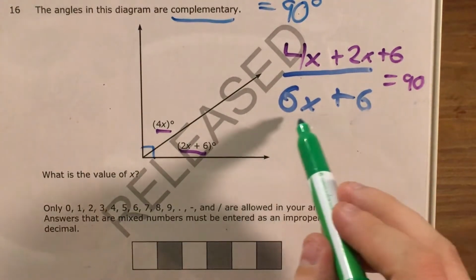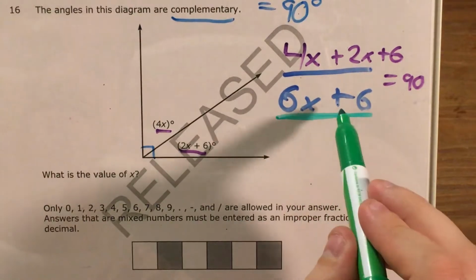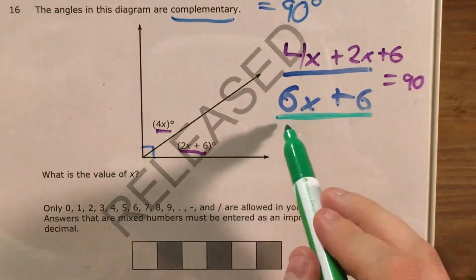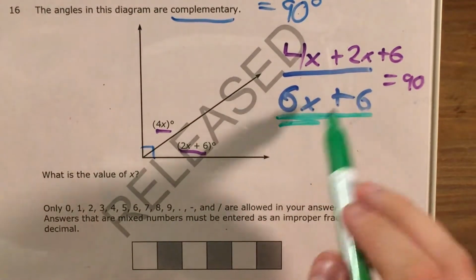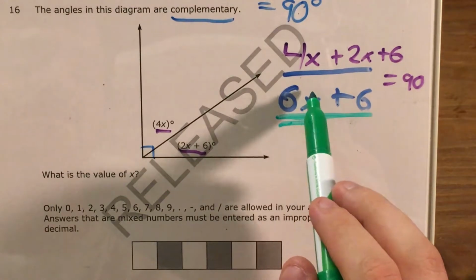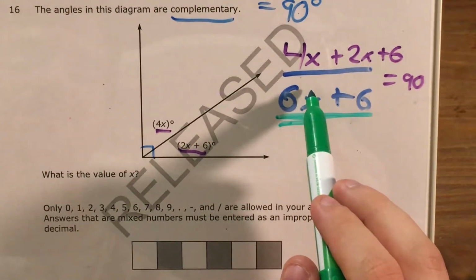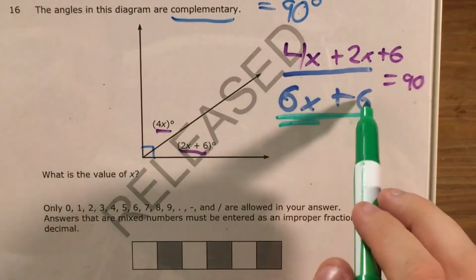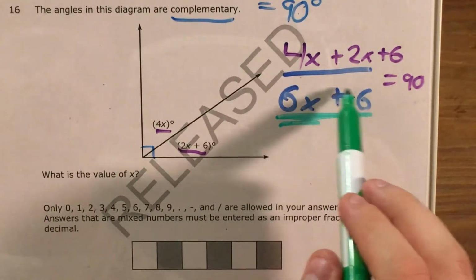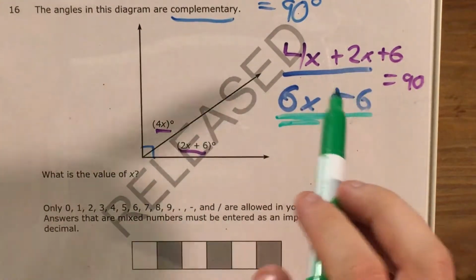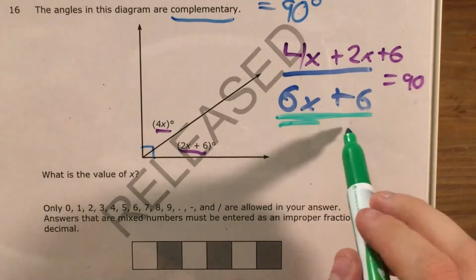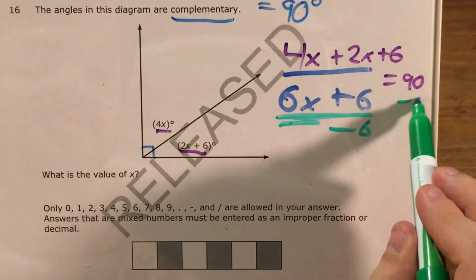Well, you have to get rid of what's outside first, and then you can get rid of what's inside. So here, we have 6x, so I'm thinking of the 6 that's being multiplied by x as like my socks. And then my plus 6, I'm thinking of like my shoes, because it's further away from my variable. So we actually need to get rid of plus 6 by subtracting 6.